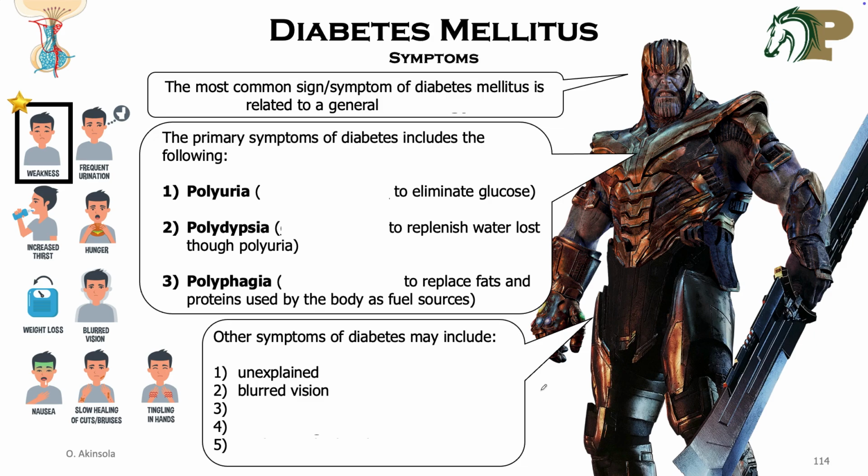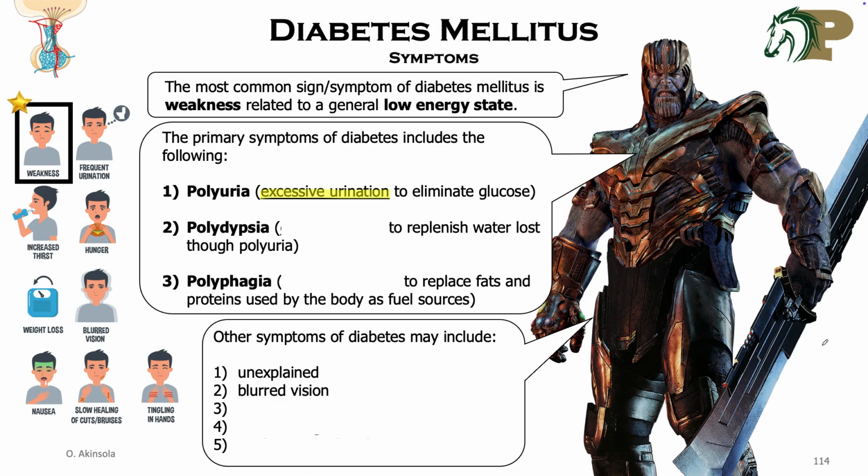Most common sign or symptom of diabetes mellitus is weakness related to a low energy state. So these individuals are going to be very fatigued. Okay. However, the primary symptoms of diabetes you will see in addition to that low energy state include polyuria. This is excessive urination. Okay.